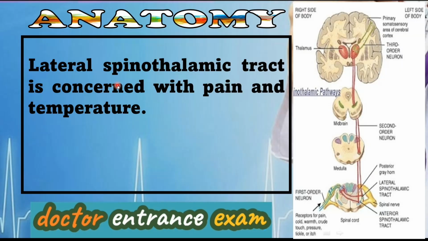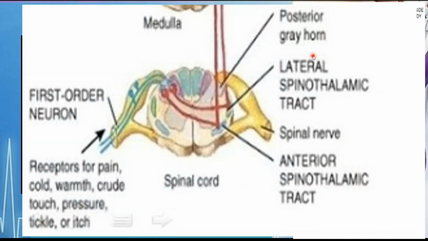Lateral spinothalamic tract is connected with pain and temperature. See the picture, spinal cord portion. Anterior spinothalamic tract, lateral spinothalamic tract. This is the spinal nerve, receptor for pain, cold, warmth, crude touch, pressure, tickle or itch.